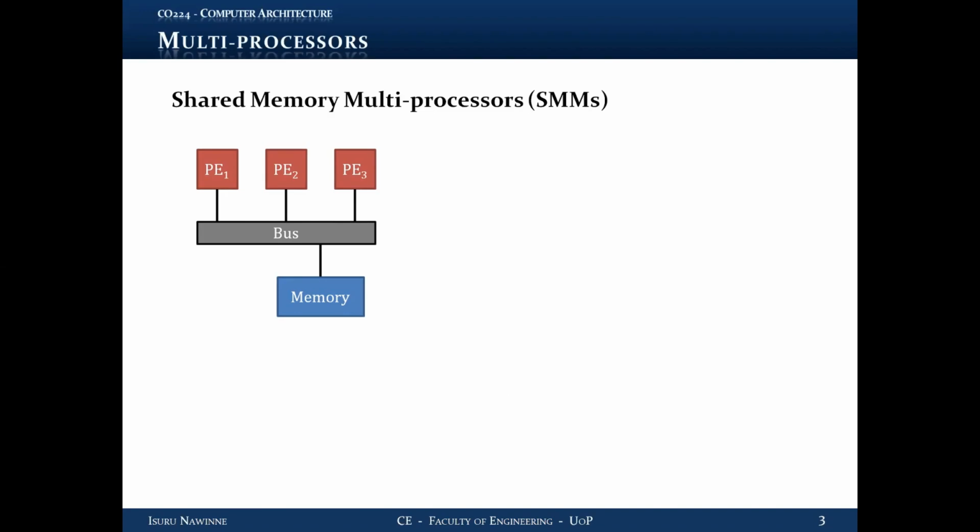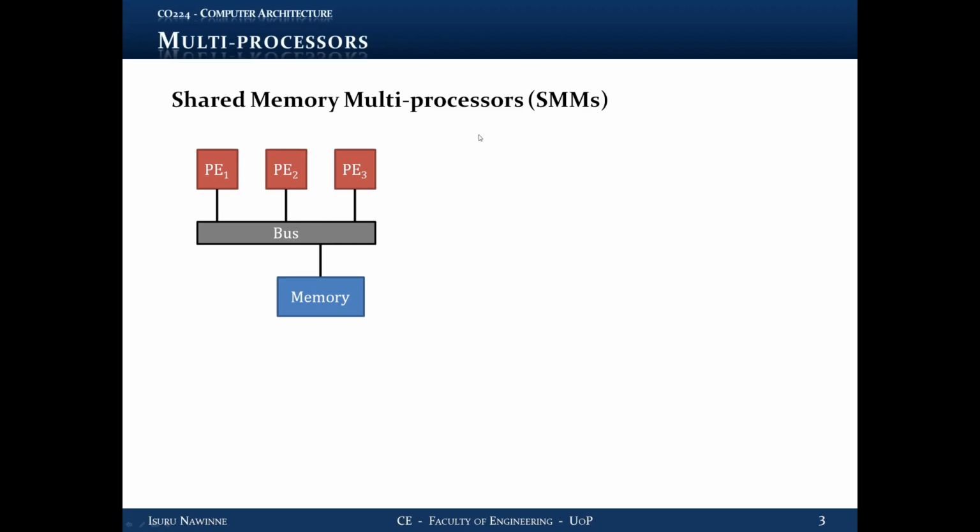And that is one of the most intuitive approaches that engineers can take when designing multiprocessor systems. So shared memory multiprocessors are very, very common, and we'll talk a lot about that in the coming few slides.